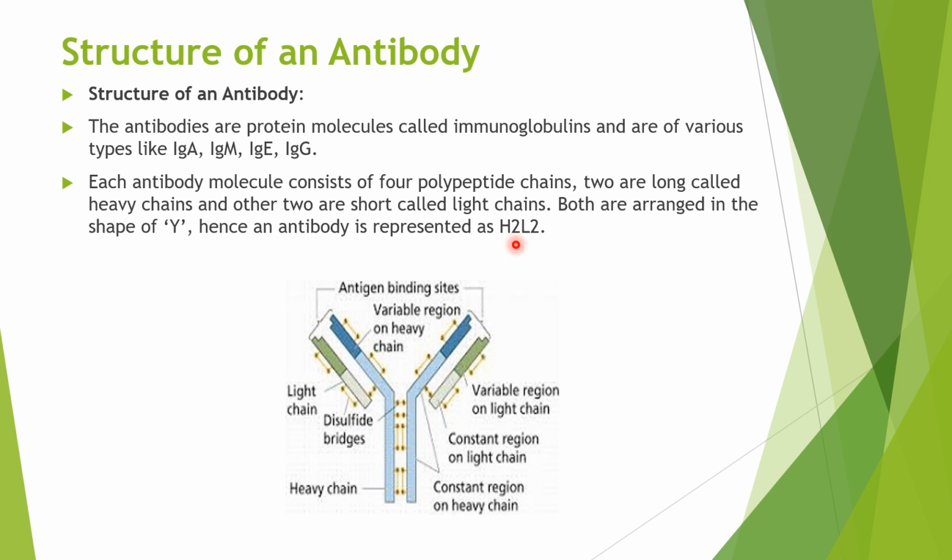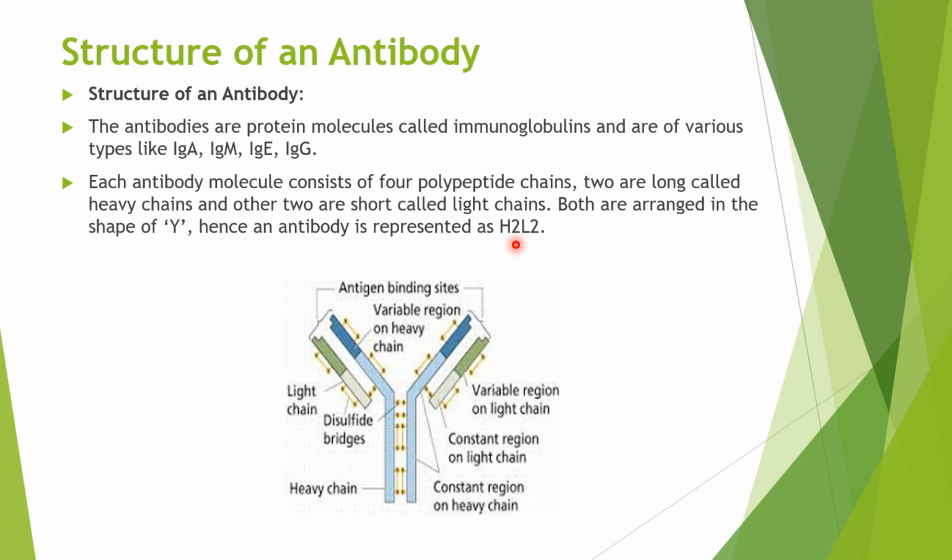These antibodies are very important in all living organisms, because only the antibodies provide immunity against foreign particles. Okay, in the structure of the antibody, you know what the primary response and the secondary response are.